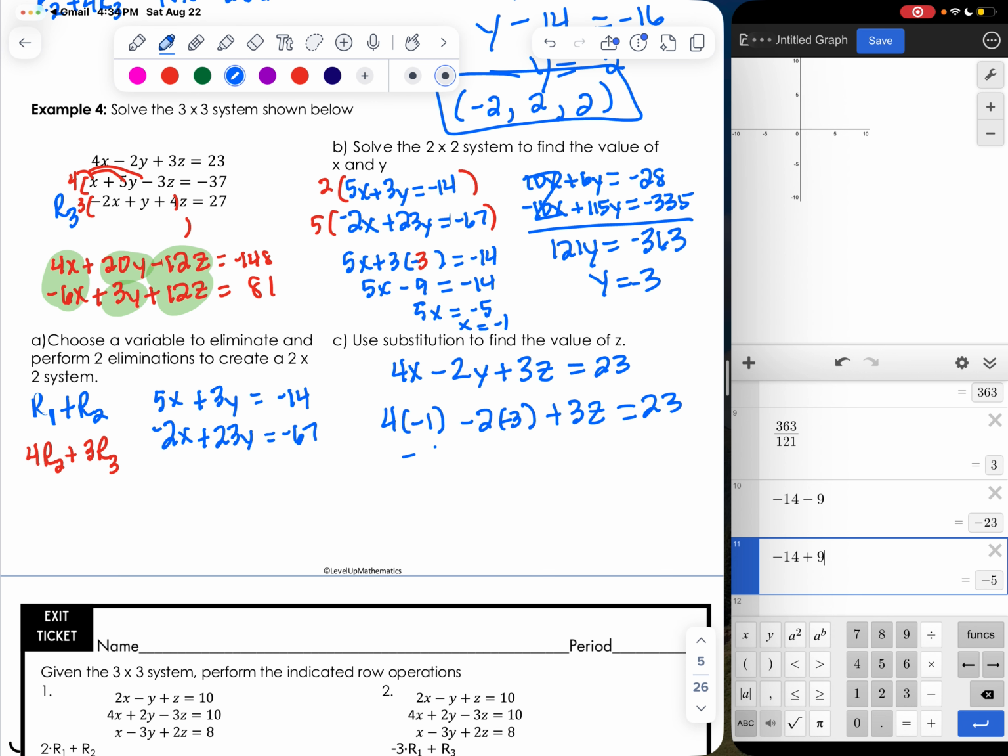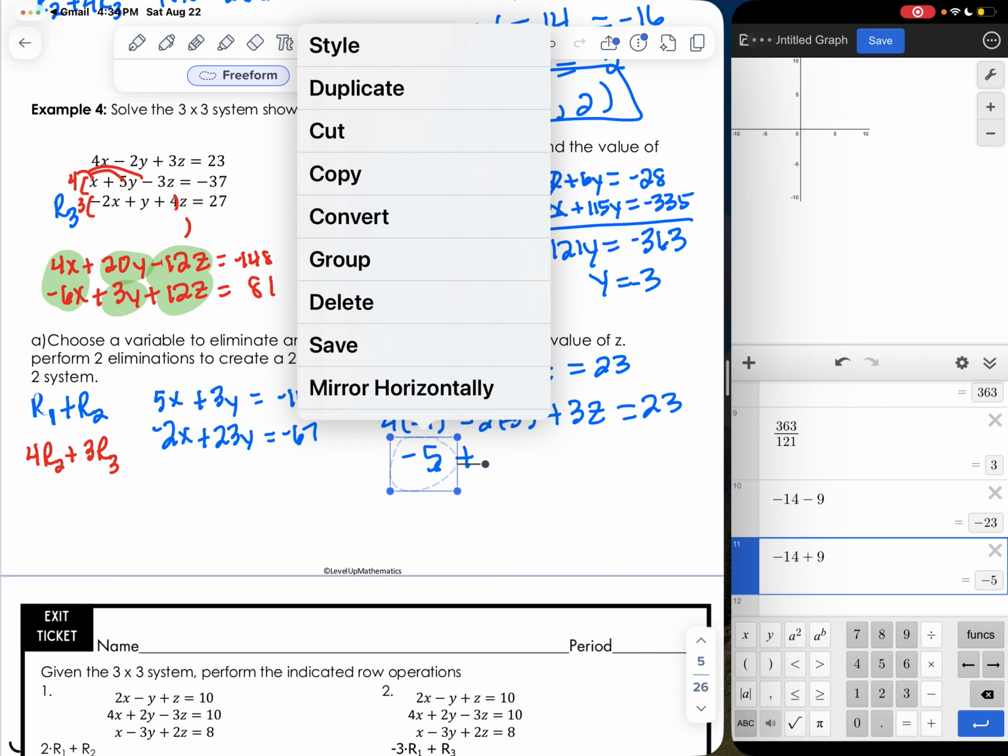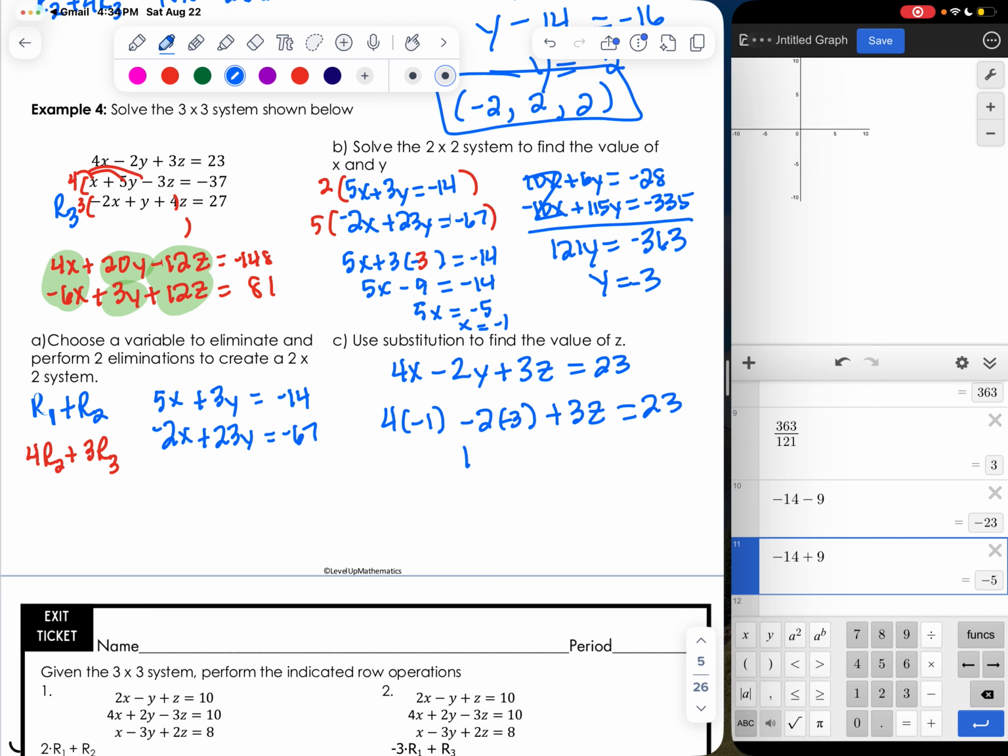So this would be negative 4, negative 4 plus 6 plus 3z equals 23. So 2 plus 3z equals 23. Subtract the 2 and then divide. So z equals 7. So negative 1, 3, 7.